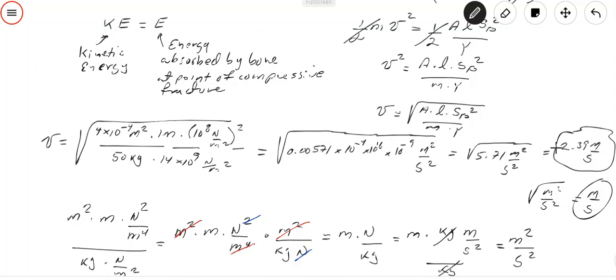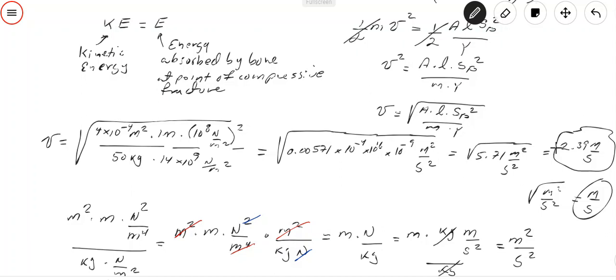For speeds lower than 2.39 meters per second, the amount of energy that is absorbed by the bone is not enough to fracture the bone. For speeds higher than 2.39 meters per second, the amount of energy that is absorbed by the bone would be higher than the maximum energy that the bone can absorb without fracture.